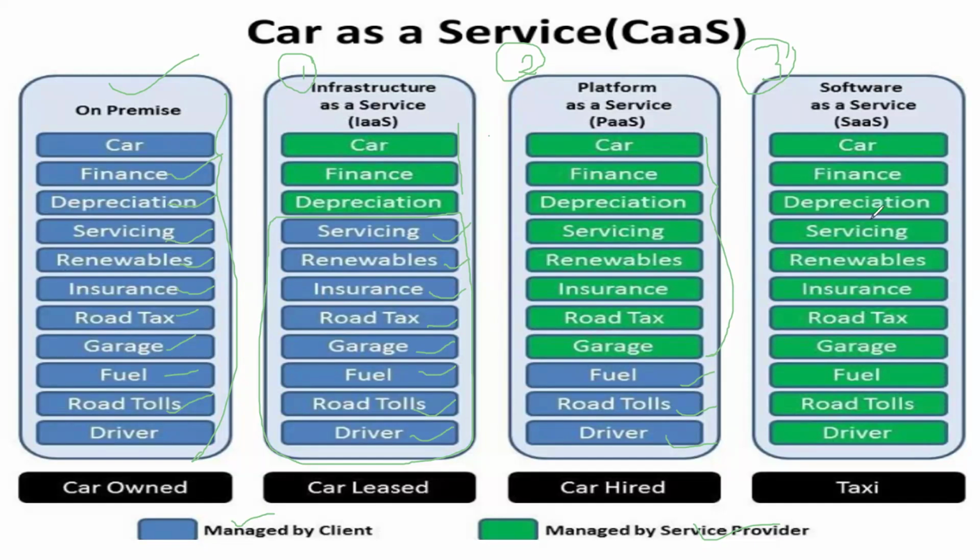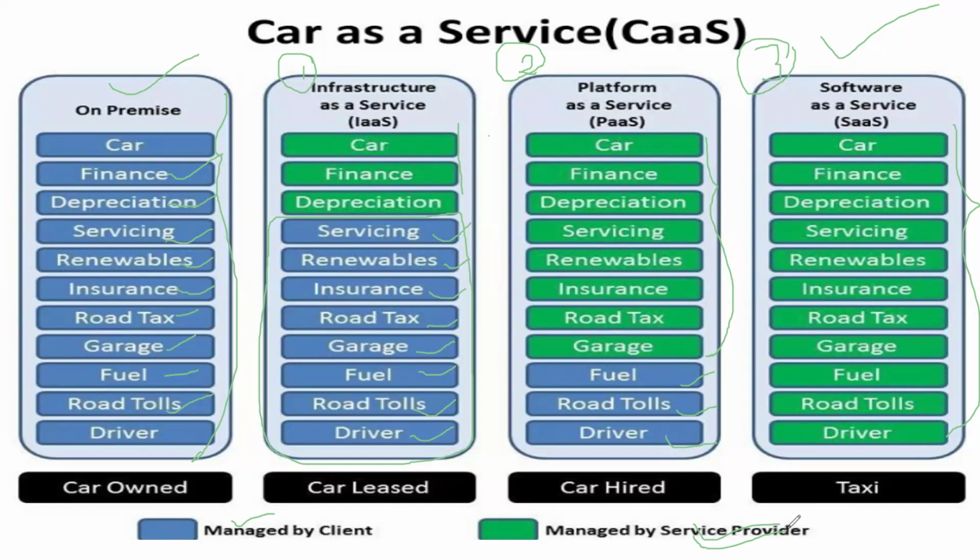The last type of delivery model is, if we are using Ola or Uber, that is a taxi system, that is nothing but, in cloud terminology, software as a service. Everything is taken care of by whoever provides the service, that is, the cloud service provider.